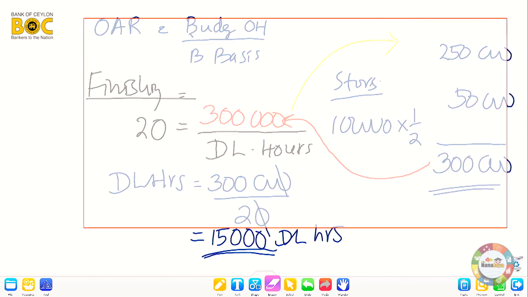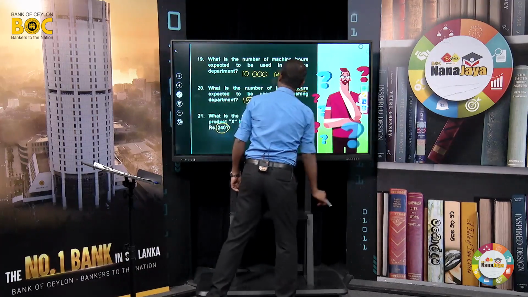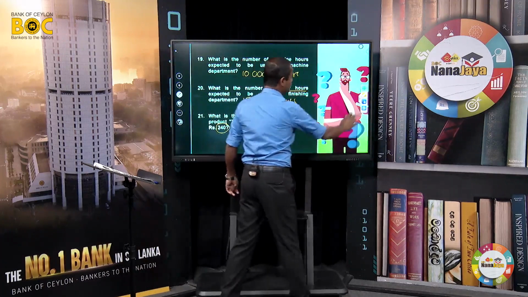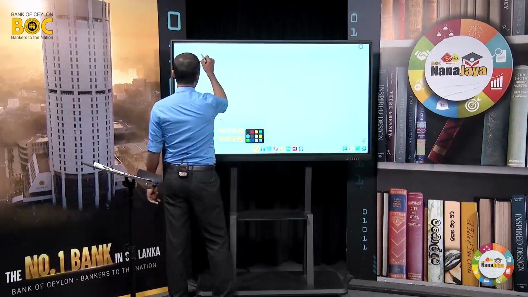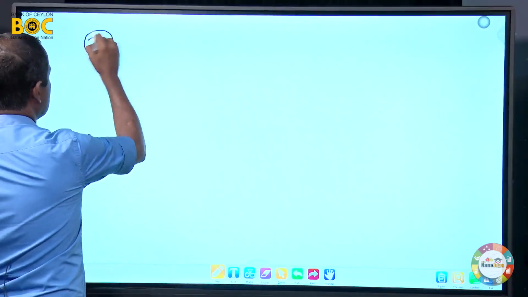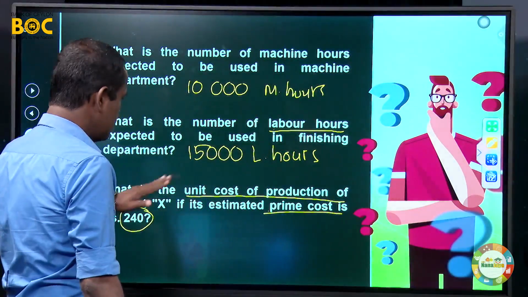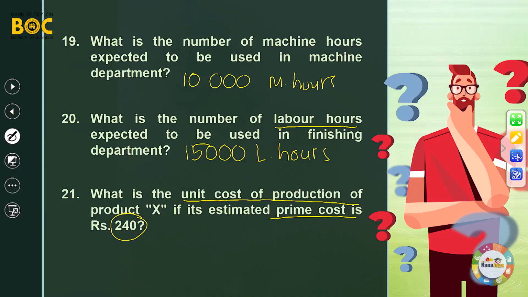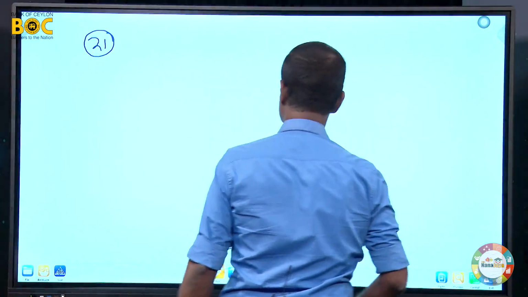This is question number 21. The requirement is to calculate the unit cost of production. The cost of production equals prime cost plus production overhead.